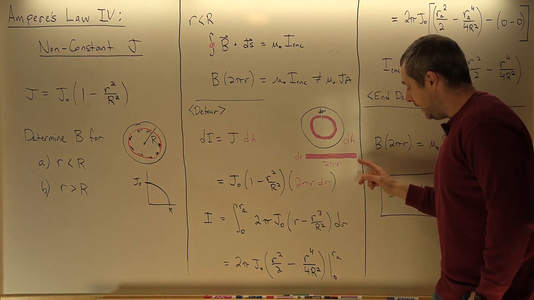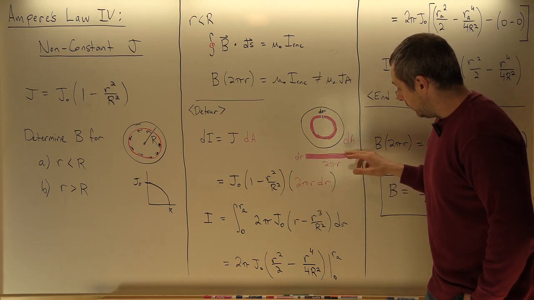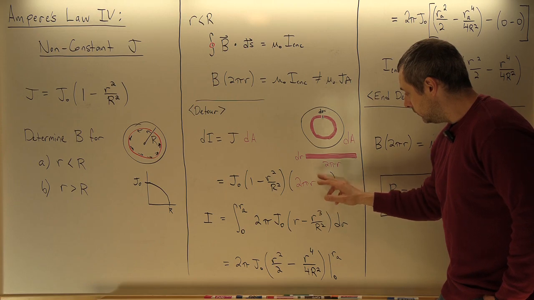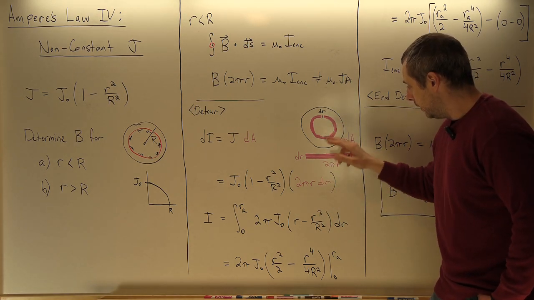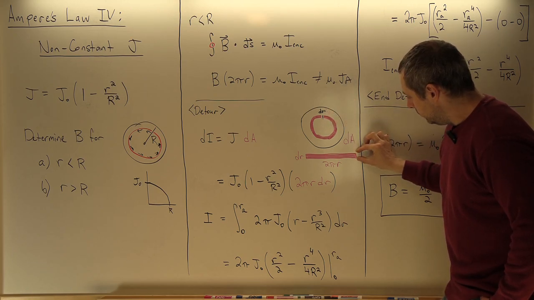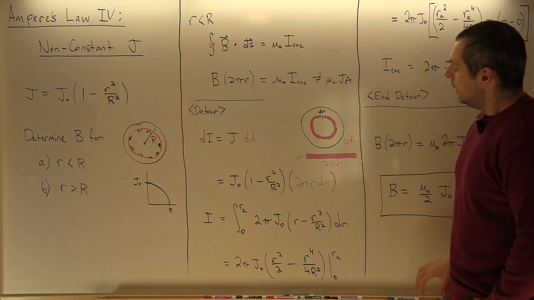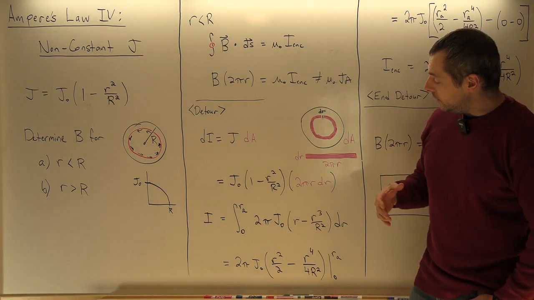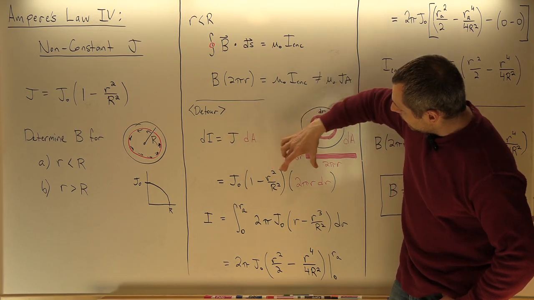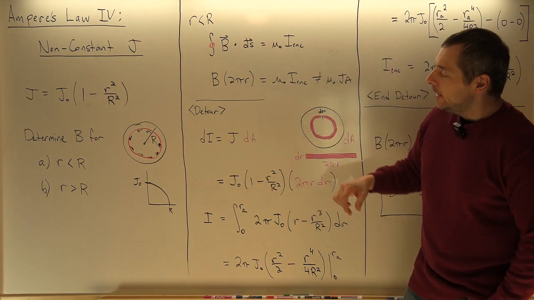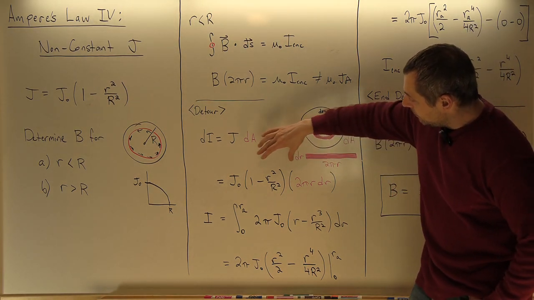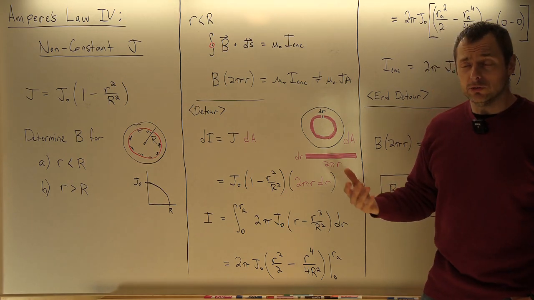The area where the current's going through is base times height. The base is the circumference of the circle, 2 pi r, times the height of the rectangle, which is dr. The thing that changes from problem to problem is the function. This dA, 2 pi r dr, for cylindrical conductors will always be the same, but the function changes, so the integral answer will be different.